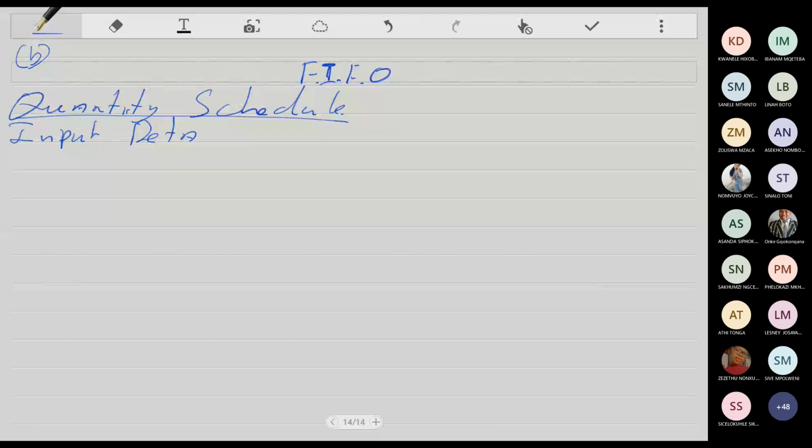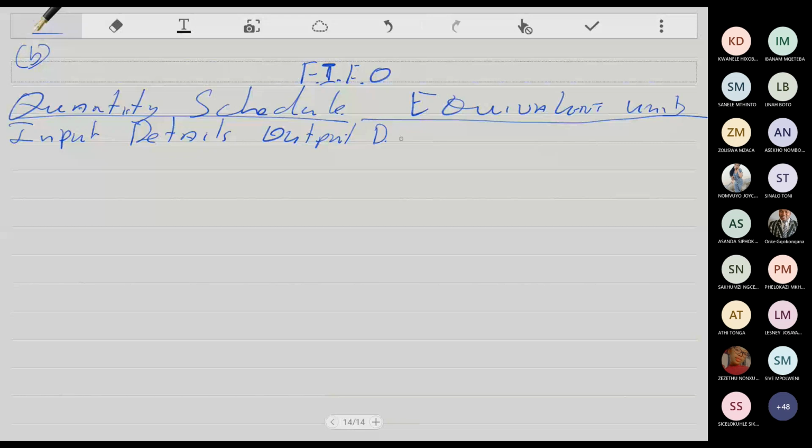Input details, output, your equivalent units. Then we've already noticed that we have to keep them separate: direct material, then direct labor, manufacturing overheads.